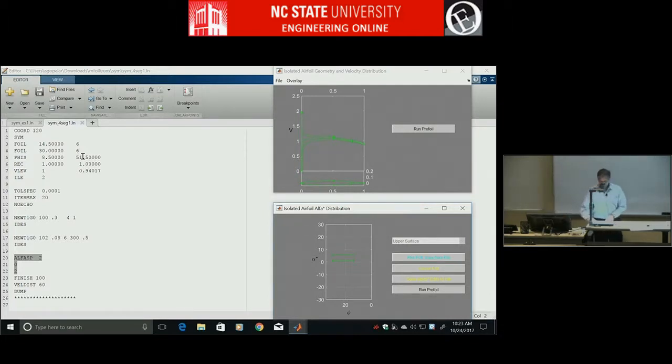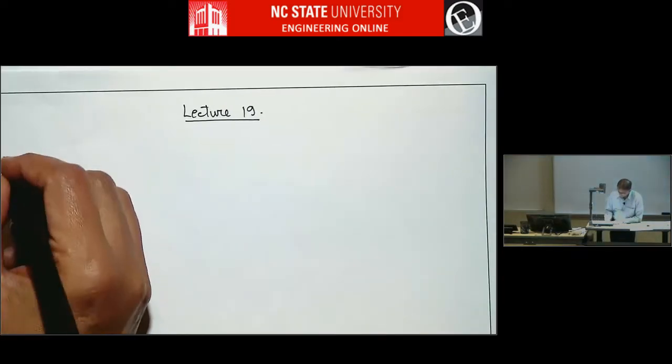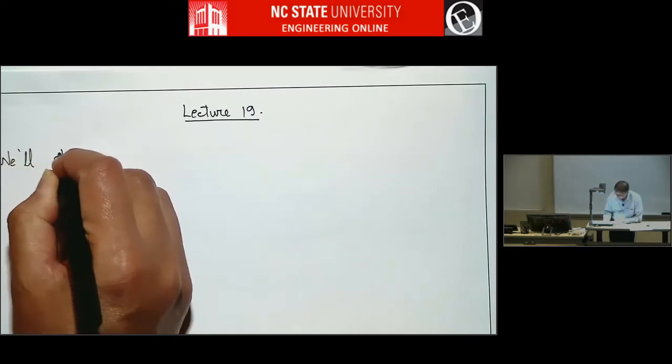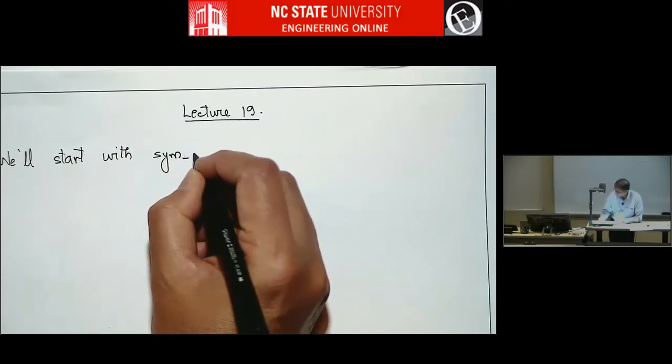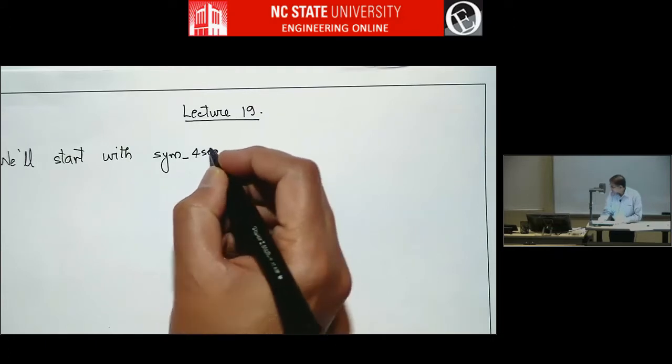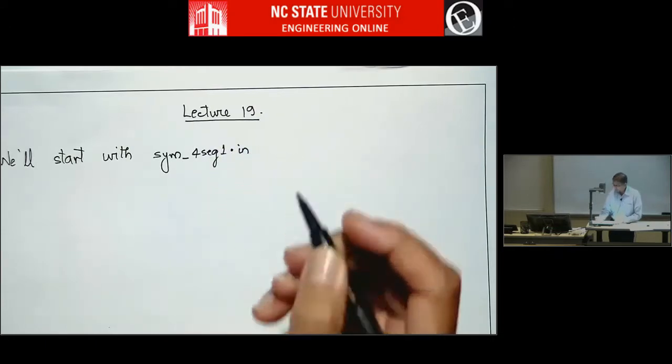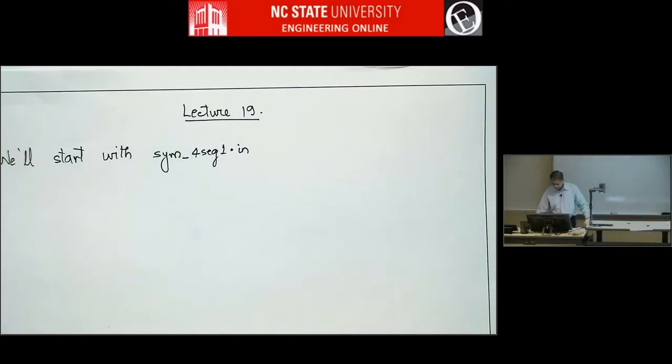Okay, so today we'll start with the sim underscore force segment 1.dat.in, right? I think I might rename this when I actually give it to you. I might call it demo or something like that.